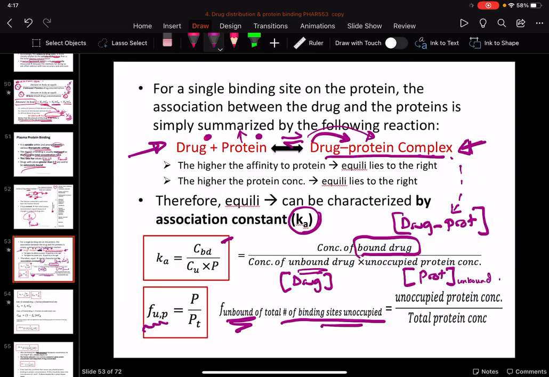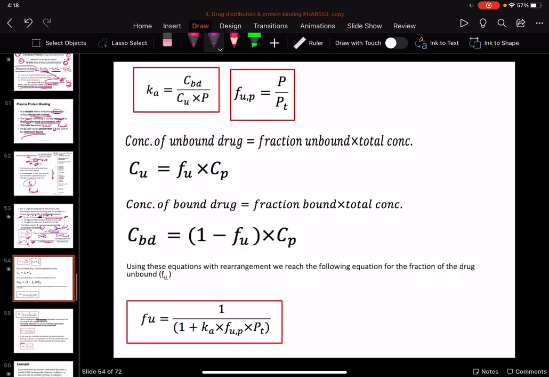It would be equal to the unbound protein concentration over the total protein concentration, which is bound and unbound. Again, we can determine the concentration of the free drug and the concentration of the bound drug. We just mentioned that. Play around with the equations, and you will have this equation to determine the fraction unbound of the drug.